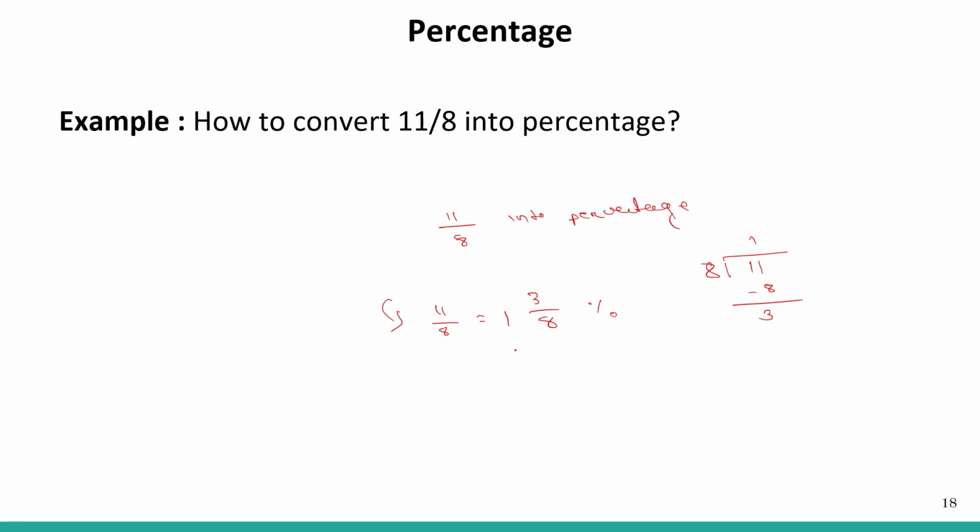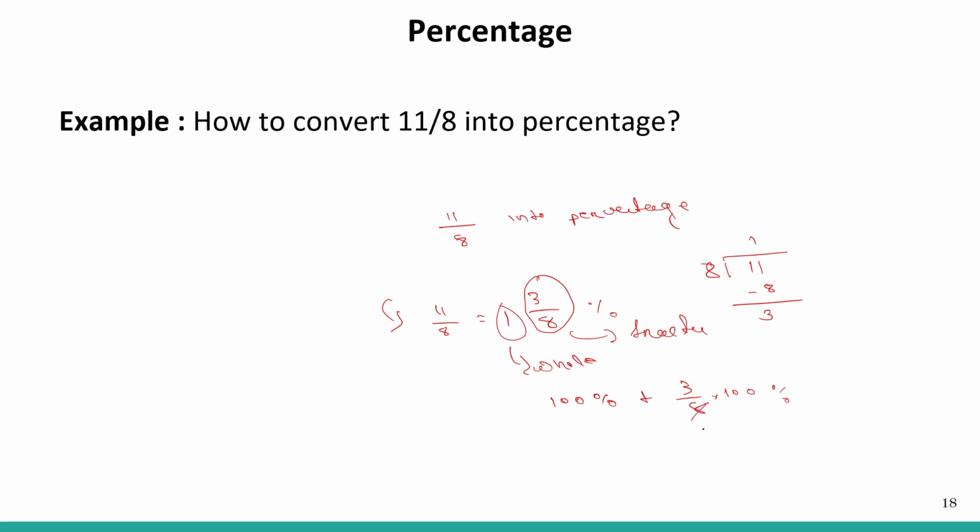Since 1 is whole and 3 by 8 is the fraction, for the whole, it means 100%, so 100% plus 3 by 8 in percentage. So 3 by 8 in percentage will be 3 by 8 multiplied by 100.